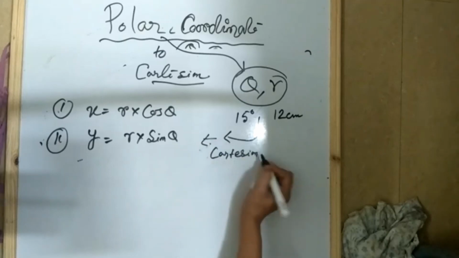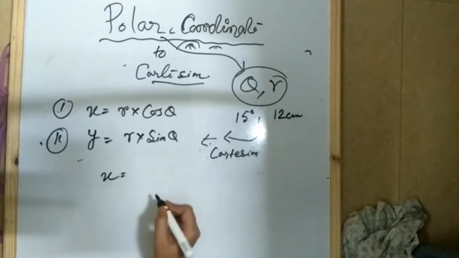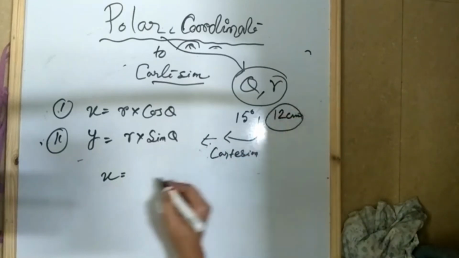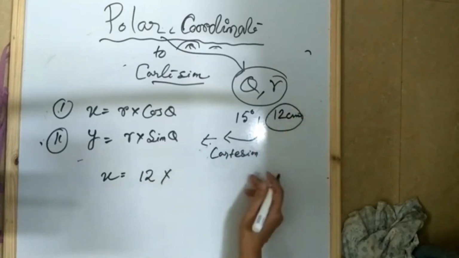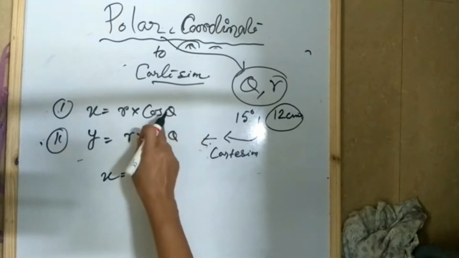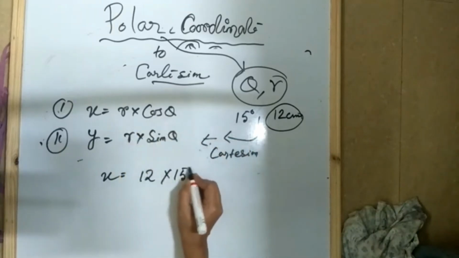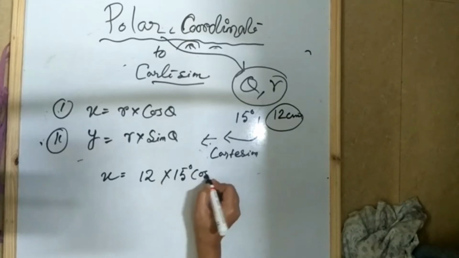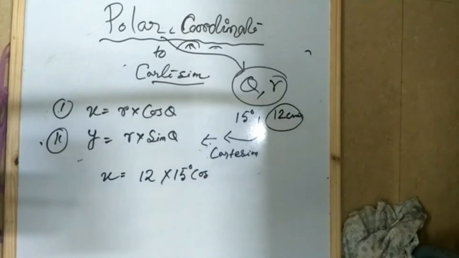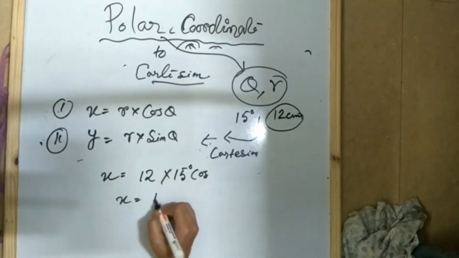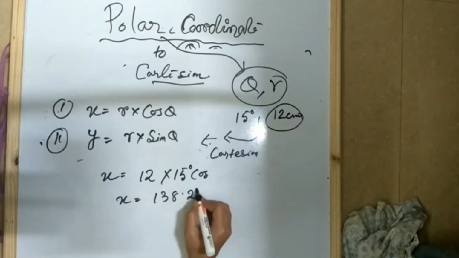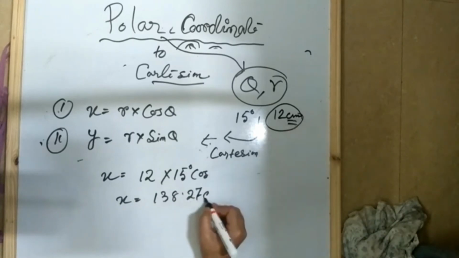So first go for the x value. x is equal to r into cos theta. The r value is known to you, 12 centimeter, and theta is 15 degree, so take cos 15 degree with the help of a calculator. Press cos of 15 degree, multiply by 12, and x is 138.28 centimeter.